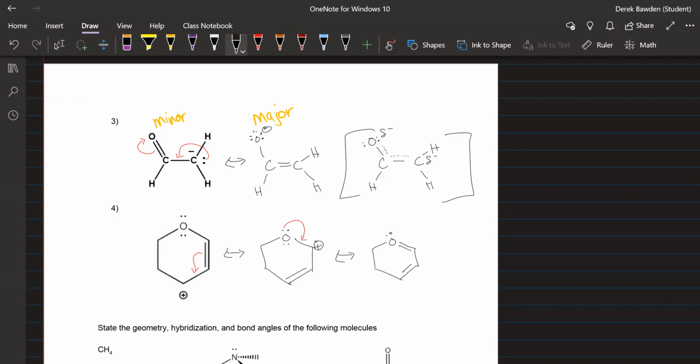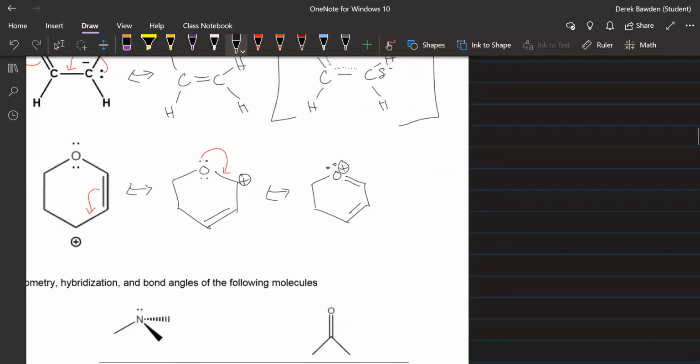One set of lone pairs now. And a positive charge on that oxygen because it wants 6 and it now has 5. Okay. Any questions on that one so far? Looking good.